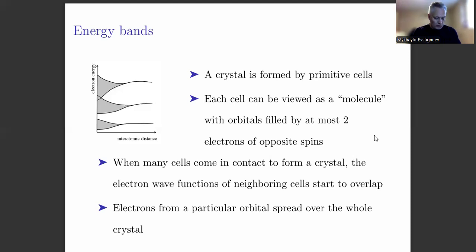And you can solve Schrödinger's equation, at least in theory, for an electron in such a cluster of atoms in the absence of all other 10 to the power 25 primitive cells of the crystal. Those atoms produce some potential, and you solve Schrödinger's equation.